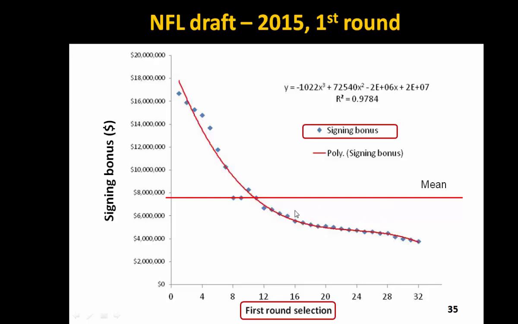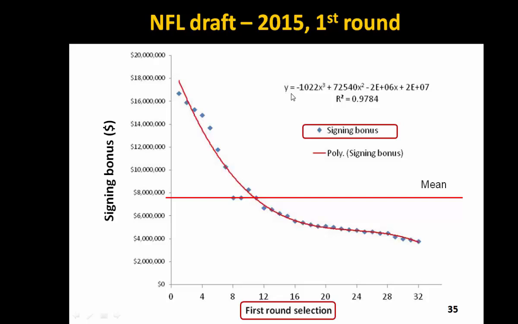The average value is skewed in the direction of the higher payouts to a smaller number of players, where the top player, Todd Gurley, was provided a check after he signed close to $17 million. And if you're a player that was selected last in the first round, your signing bonus dropped from potentially $17 million down to around $4 million.